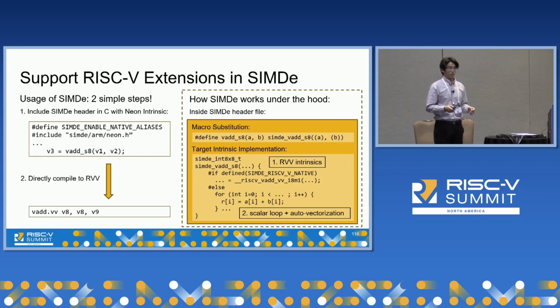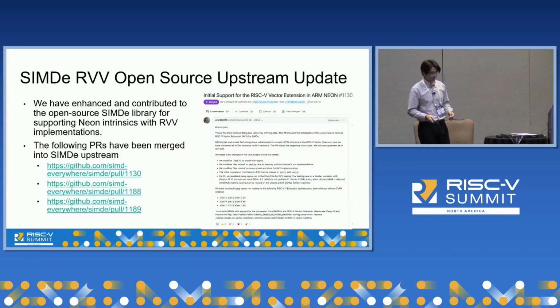Under the hood, the SIMD Everywhere header defines macros that substitute the ARM Neon intrinsics with SIMD Everywhere's internal intrinsic functions. Then you need to implement those functions, either using RVV intrinsics directly or using a generic portable scalar loop and relying on auto-vectorization to generate the RISC-V vector instructions.